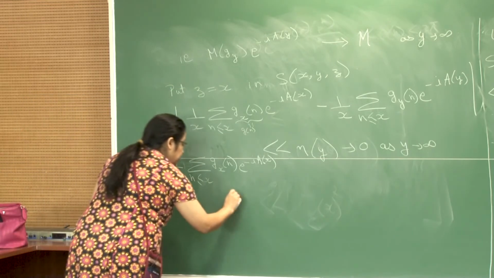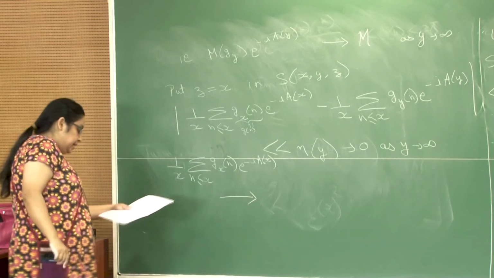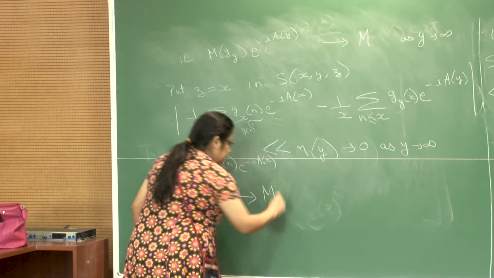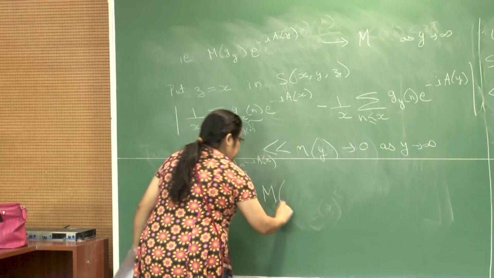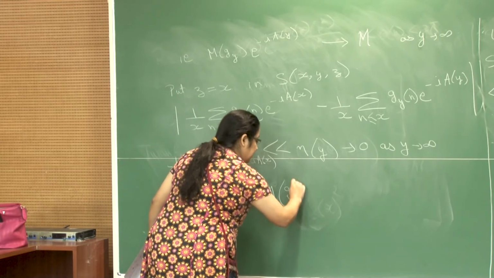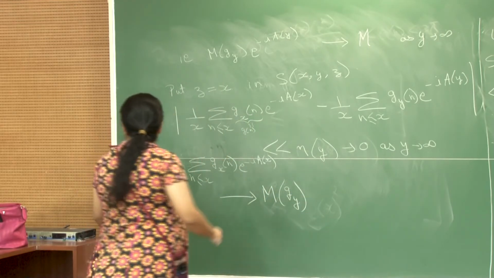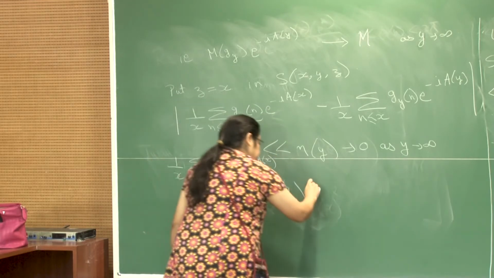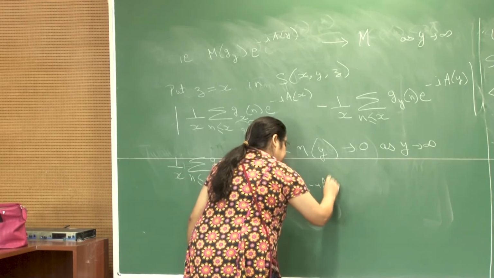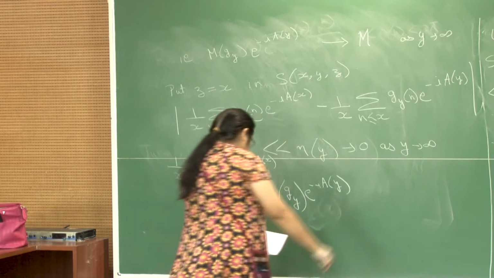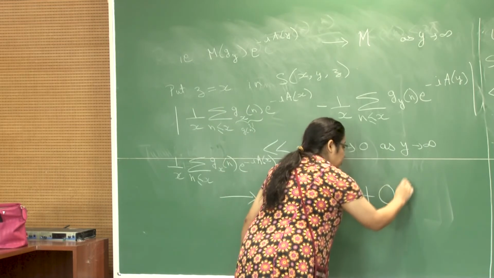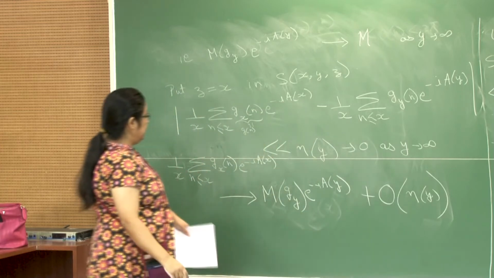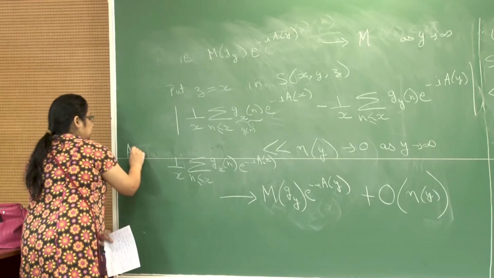So this converges to m of g sub y times e raised to the minus i a of y plus O of eta of y, as x goes to infinity.